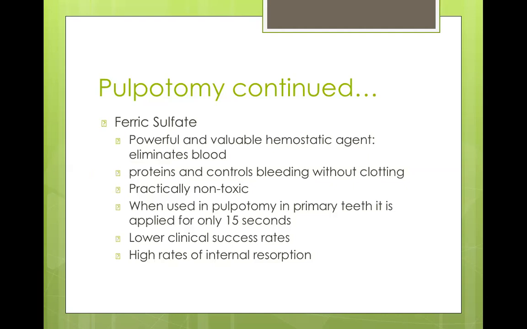And when you rinse off the tooth with the water from your air water syringe, if the bacteria had contaminated the water lines, once they hit the pulp with the ferric sulfate, they just begin to proliferate and get into the bloodstream. And a few patients were in the hospital because of this.